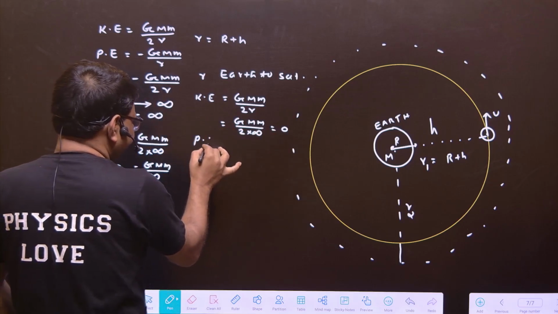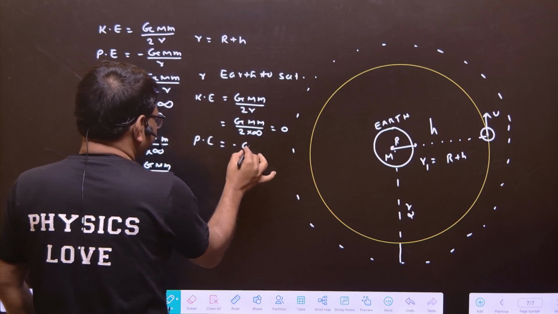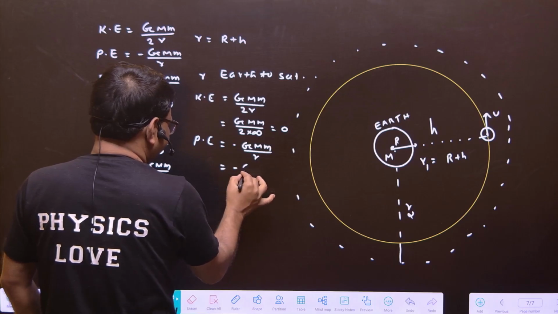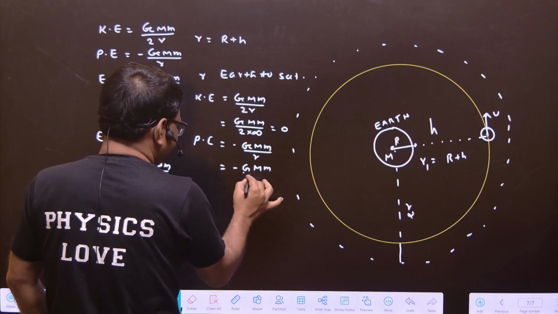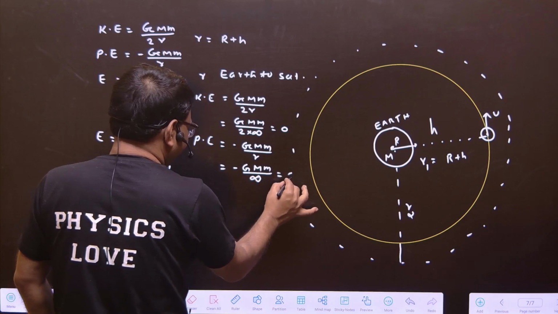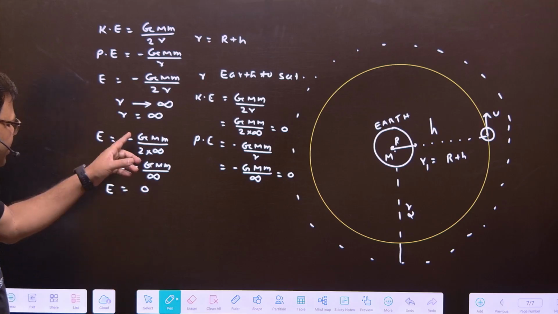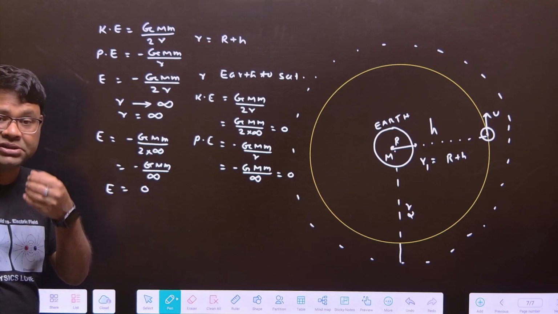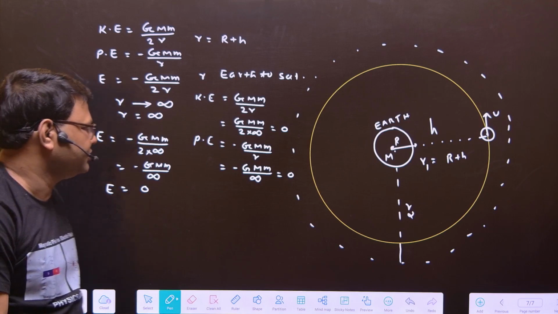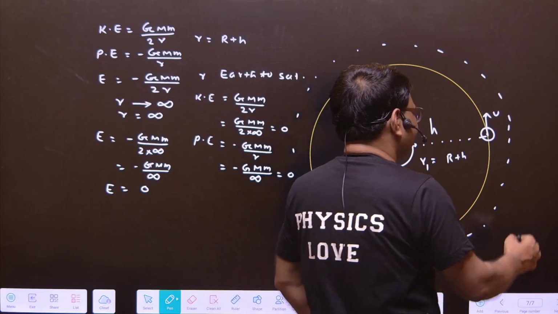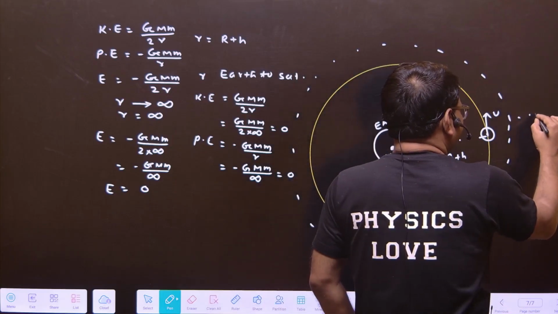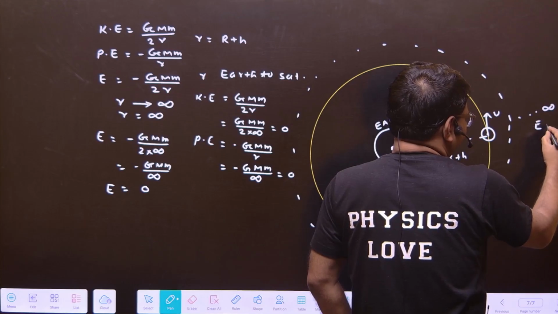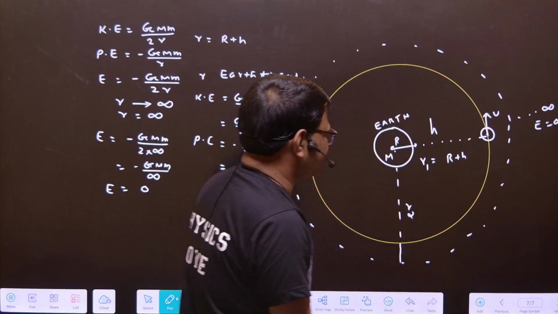Potential energy is minus G M m divided by R, and divided by infinity, the potential energy is 0. At infinite distance, every energy is 0, so the total energy of the satellite is 0.